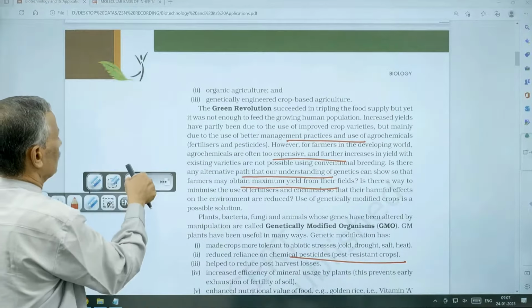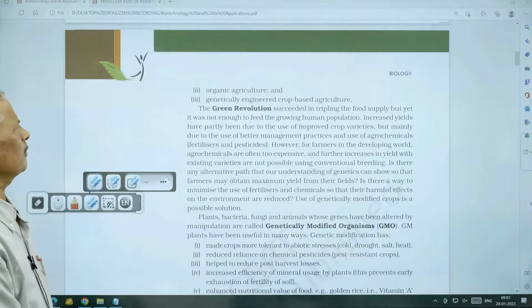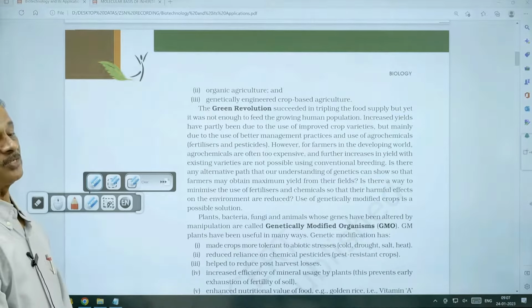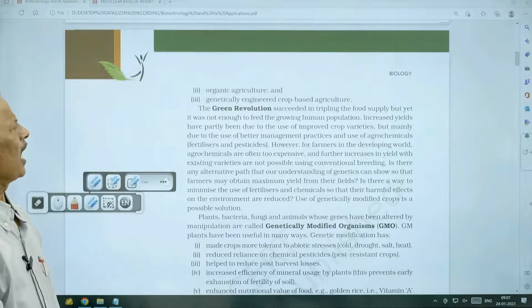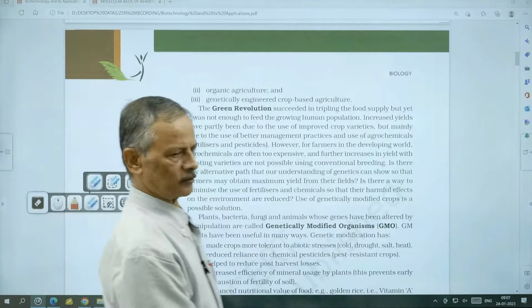That is the prime concern: how we can improve agriculture. One is by chemical based agriculture. Two, organic agriculture. And three, genetically engineered crop based agriculture.